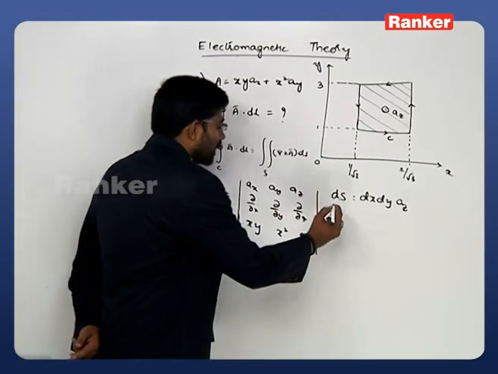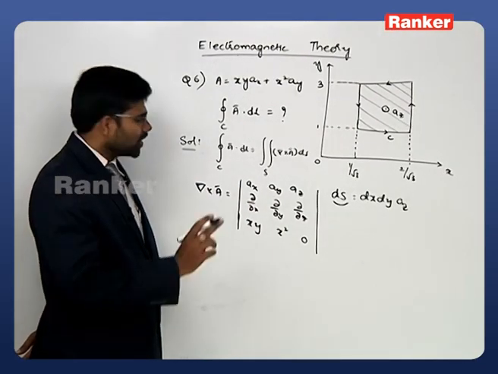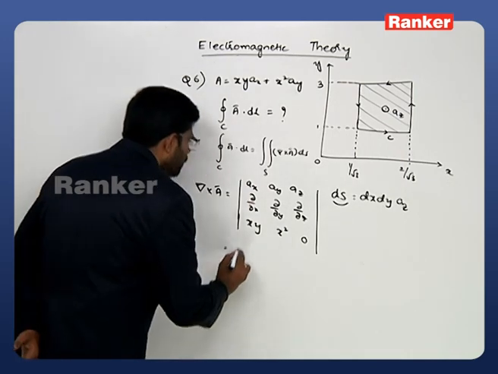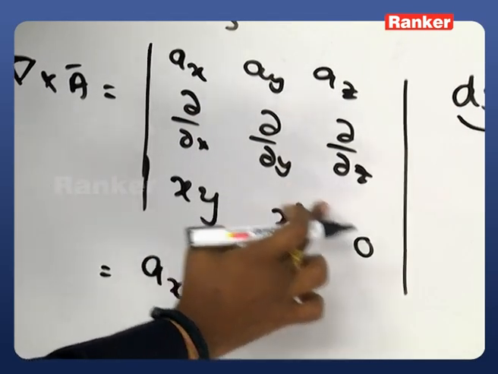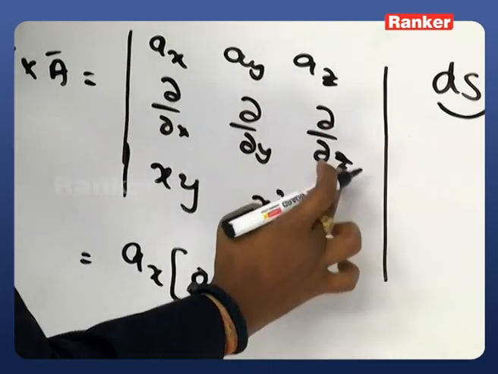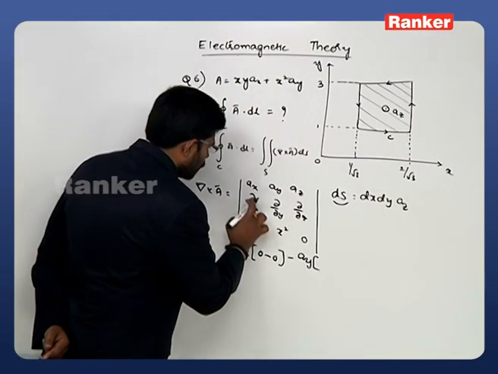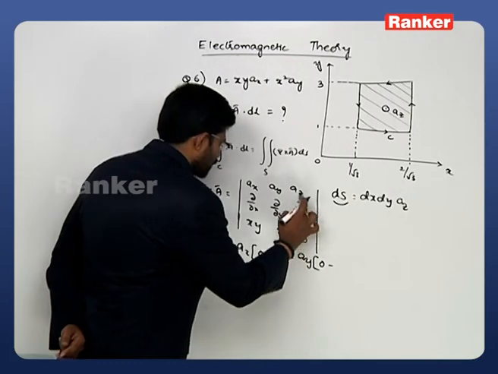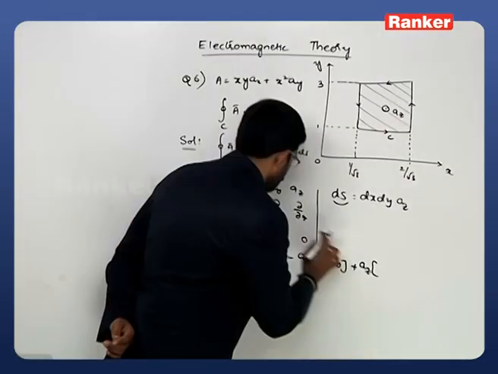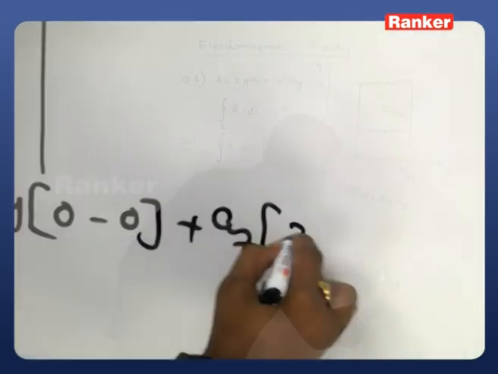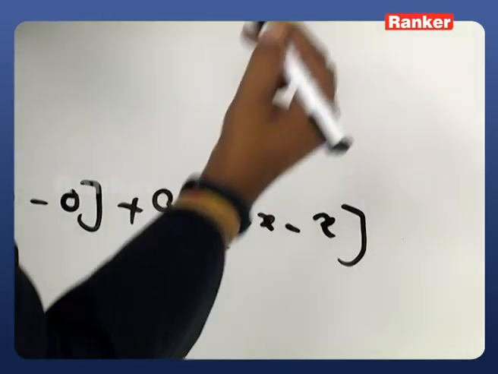Now clearly observe, you have this dS and you can calculate the cross product of del with A bar. Take ax and simplify: dou by dou y of 0, which is 0, minus dou by dou z of x square, 0; minus ay into dou by dou x of 0, 0, minus dou by dou z of xy, 0; plus az into dou by dou x of x square, which is 2x, minus dou by dou y of xy, which is x.